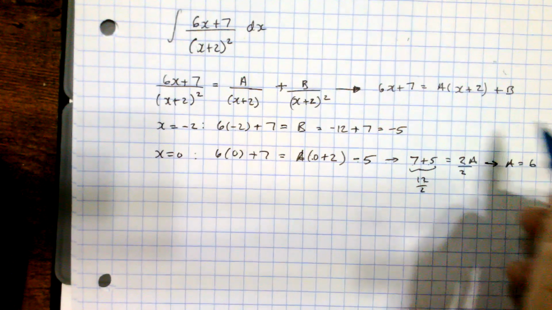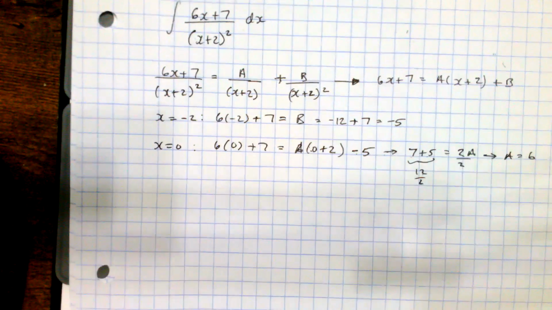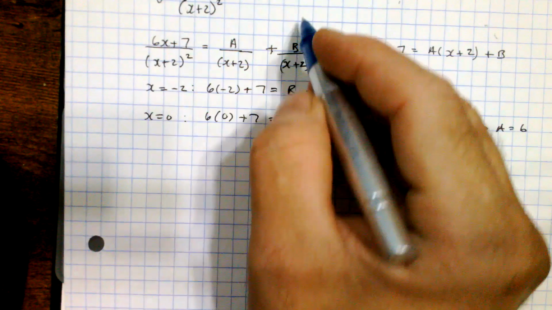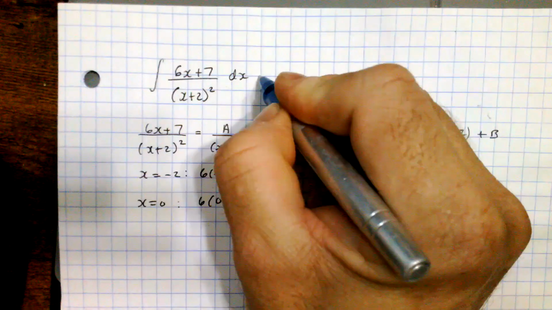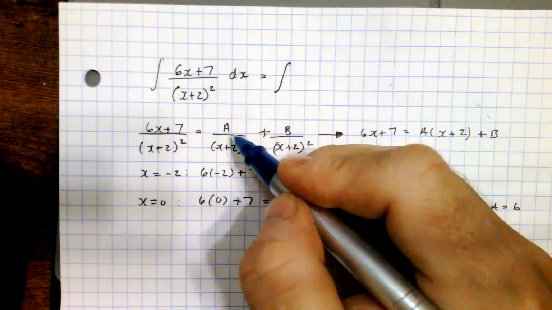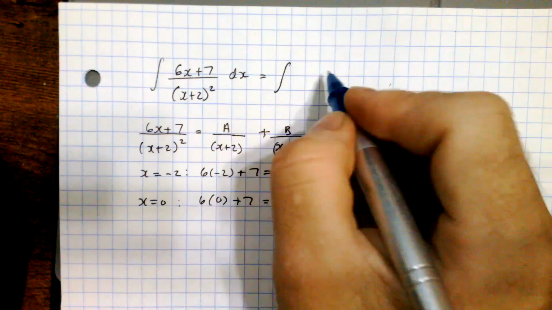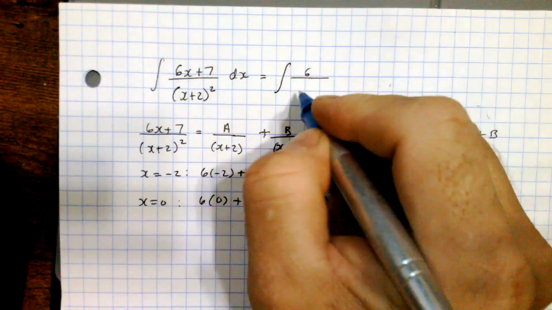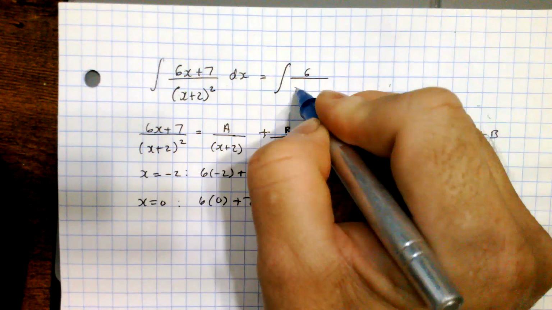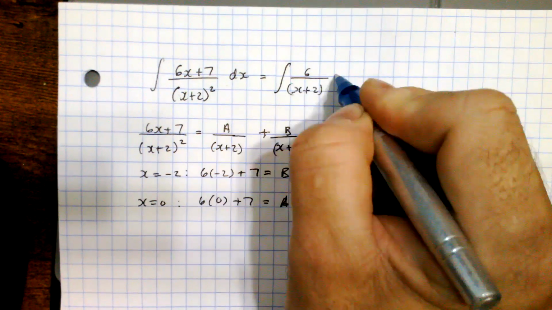All right, so now that we have our coefficients, a and b, that'll allow us to come back up here and write this as the integral. I'm going to replace a with 6 over x plus 2 dx.